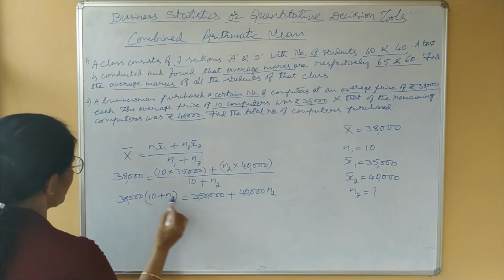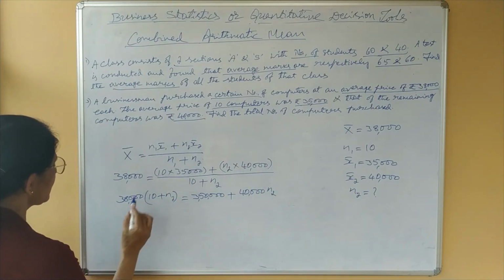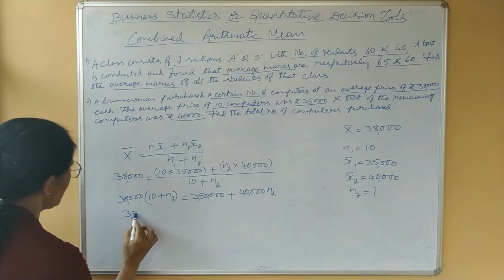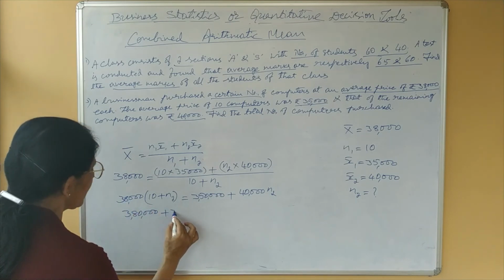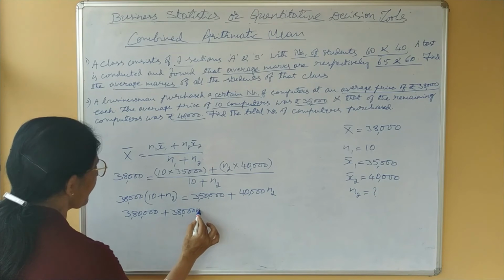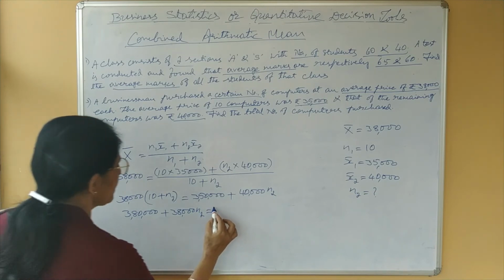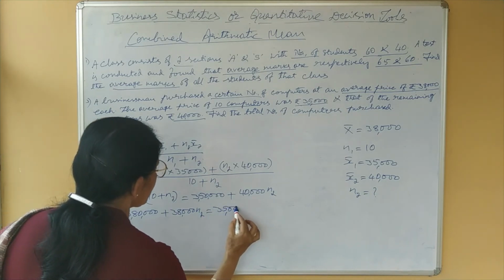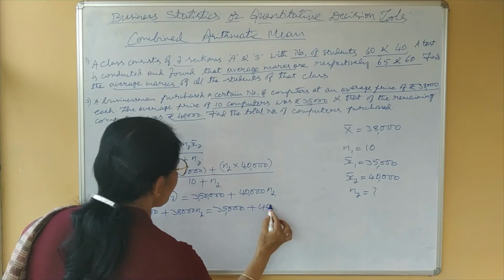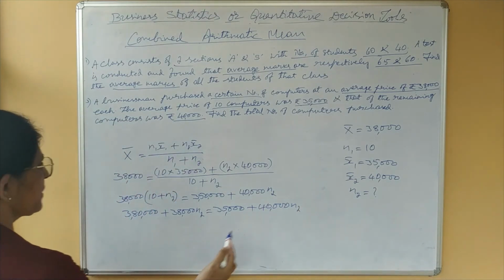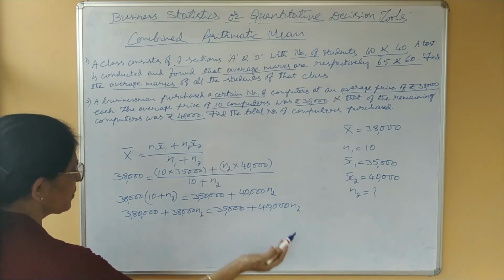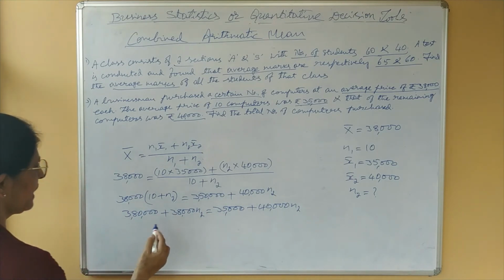Okay, now multiply this one. 38,000 into 10 is 3,80,000 here, plus 38,000 n2 equals 3,50,000 plus 40,000 n2. Now shift this value to the right side and this one to the left side.